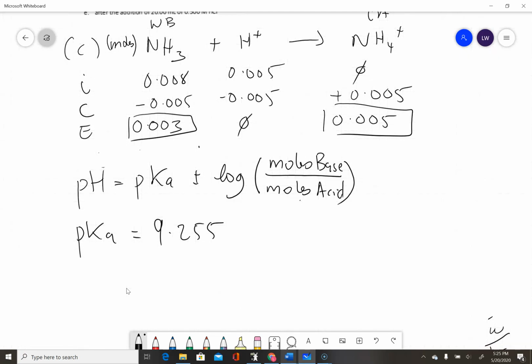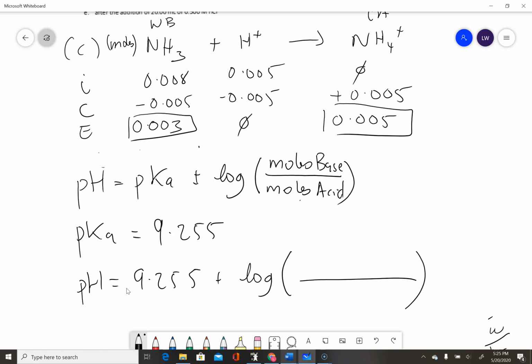So putting it all together, pH equals 9.255 plus log of the moles of my base, that's my moles of ammonia, 0.003, and then the moles of my acid, that's my moles of ammonium, 0.005.